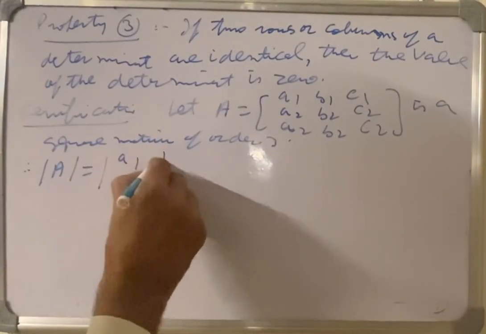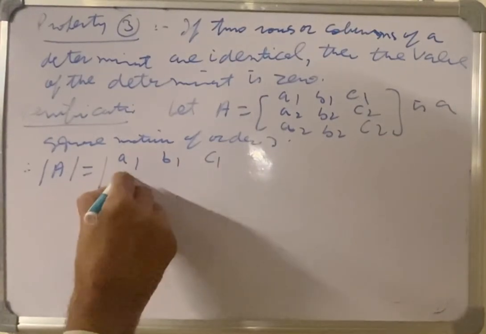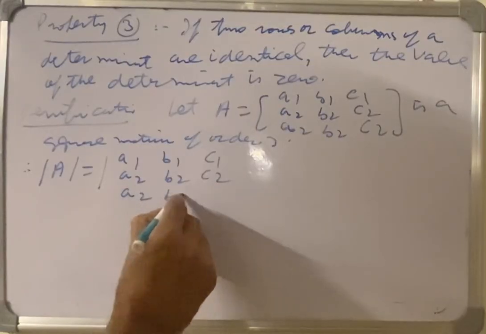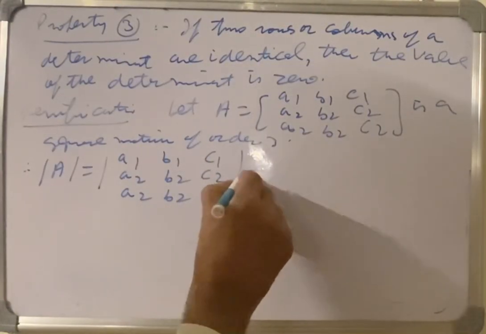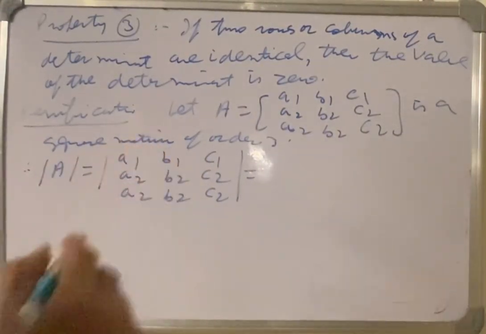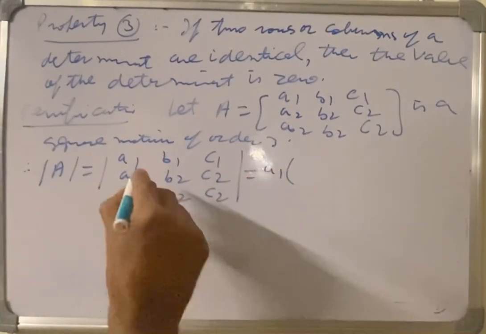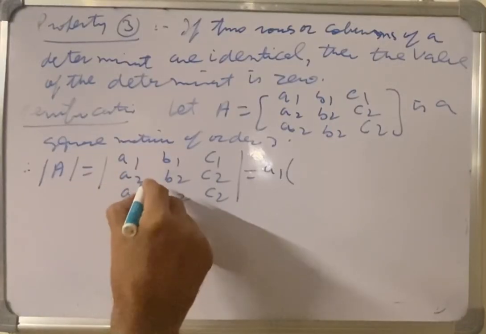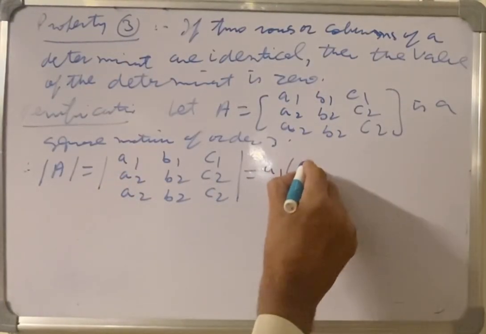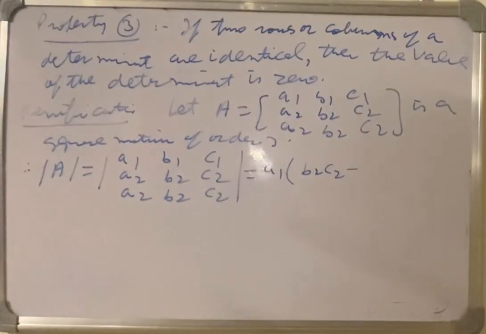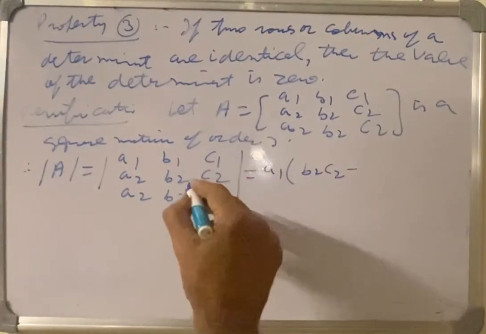determinant A1 B1 C1, A2 B2 C2, A2 B2 C2. We shall expand it by the first row: A1 into the first row, first column, B2 C2 minus B2 C2.